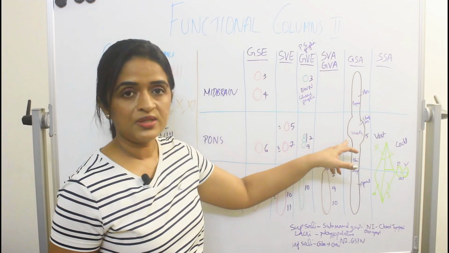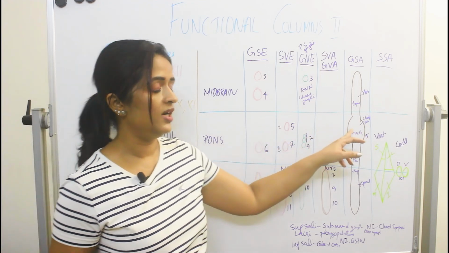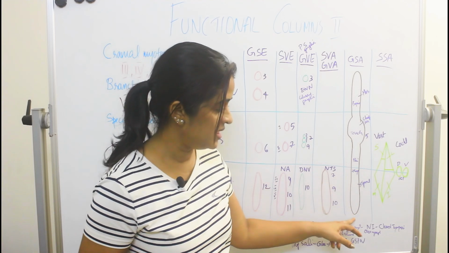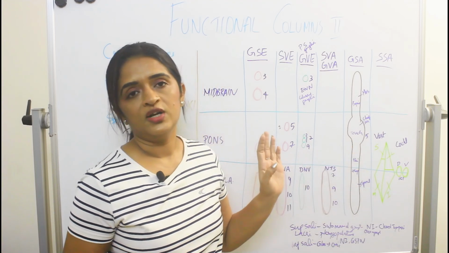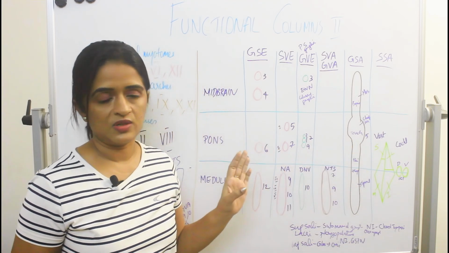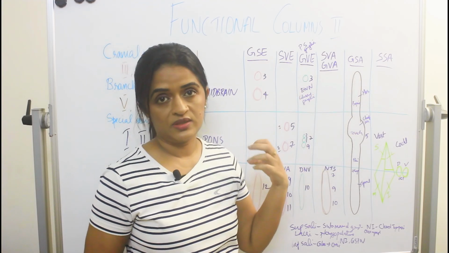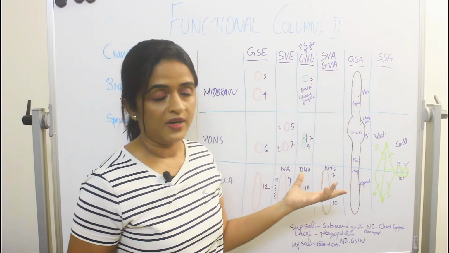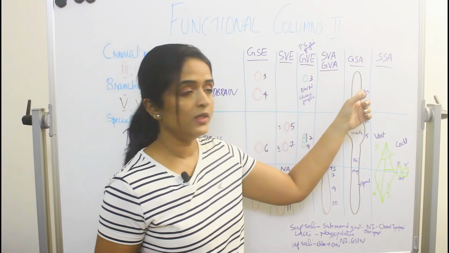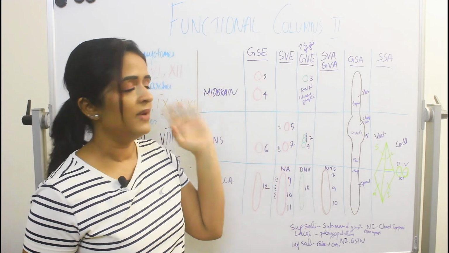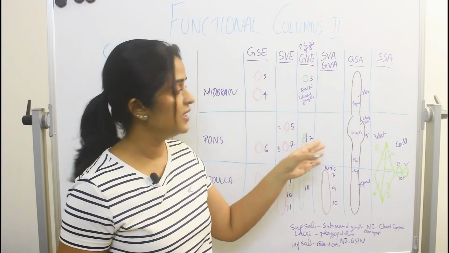The part seen in the pons you call the chief sensory nucleus, and the part extending into the medulla you call the spinal nucleus of trigeminal. These nuclei deal with the general sensations coming from the somatic part. The mesencephalic nucleus deals with the proprioception coming from the mandibular division of the trigeminal nerve.